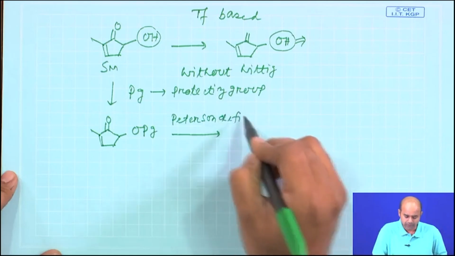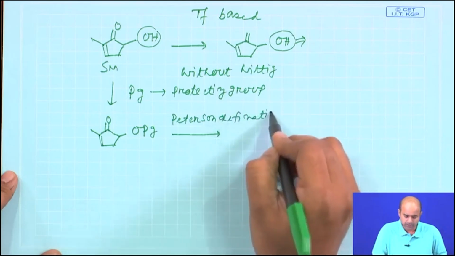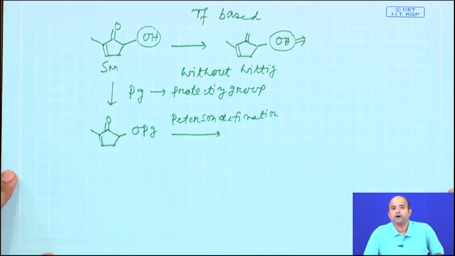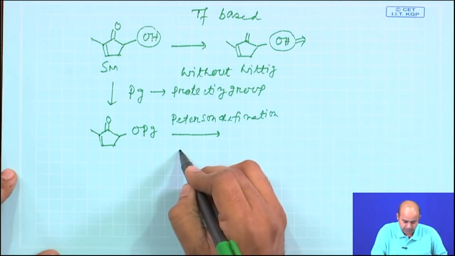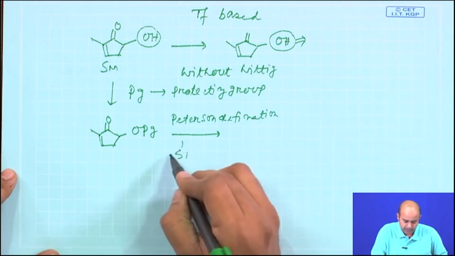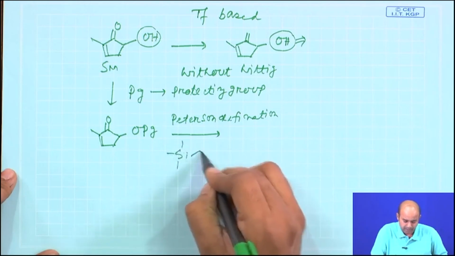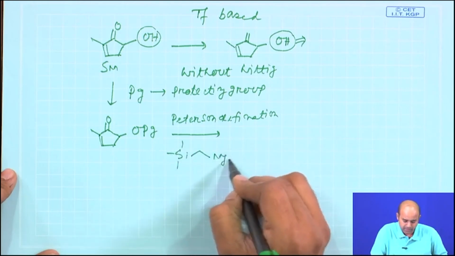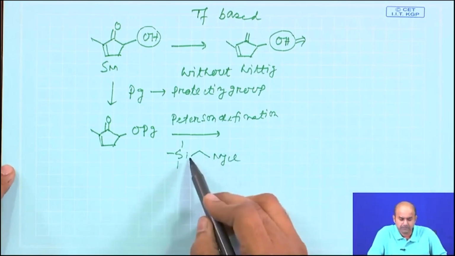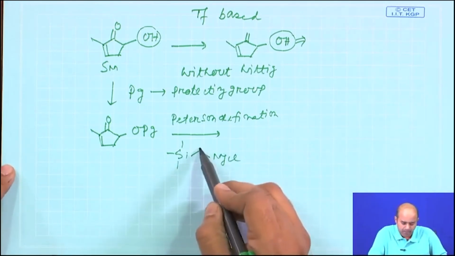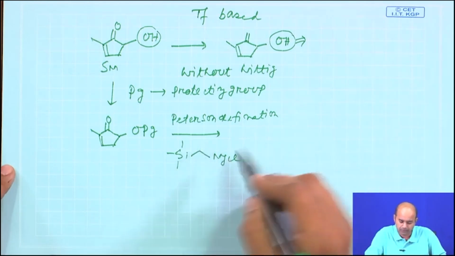Now, Peterson olefination is a similar kind of reaction to the Wittig type reaction. The reagent used here is trimethylsilyl CH2 MgCl. Now, the reaction is basically similar. TMS CH2 MgCl means you have a TMS CH2 minus and MgCl plus.